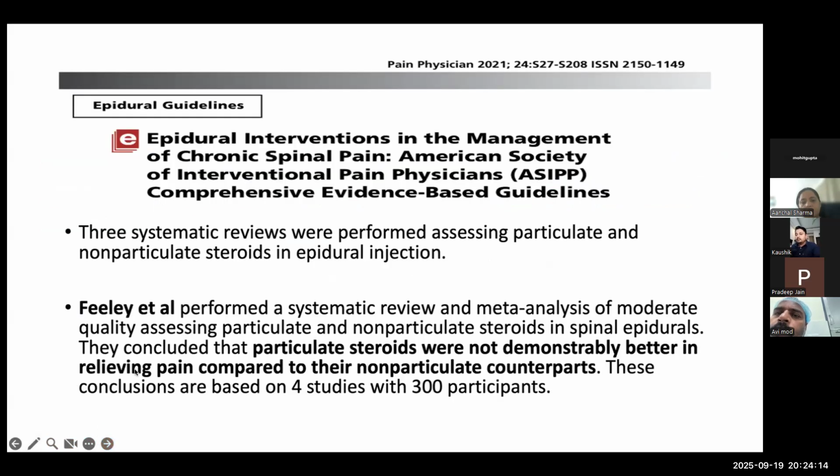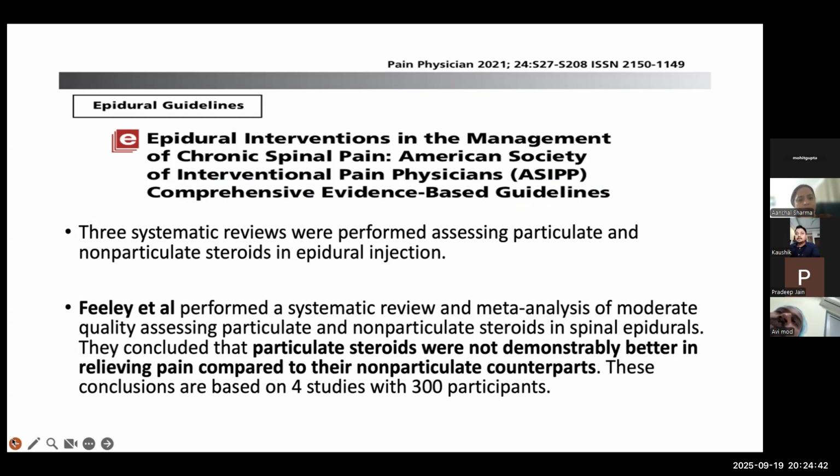They included around 130 patients, and it was quite an extensive study, with follow-up of the patients in the short term from 15 days to 1 month, and also in the long term up to 3 months. They found particulate steroids to be better in the short term. However, in the long term, after a 3-month follow-up, they found that non-particulate steroids were better.